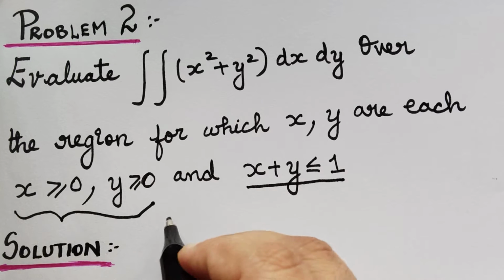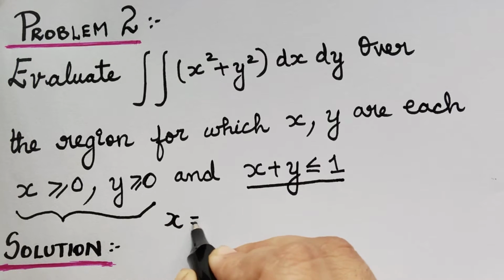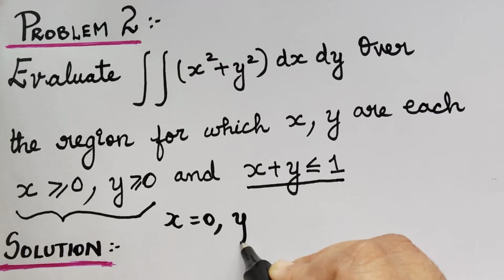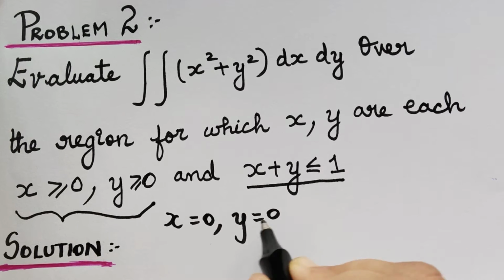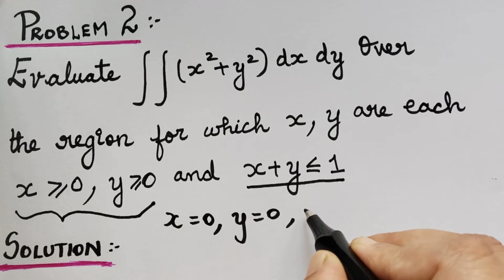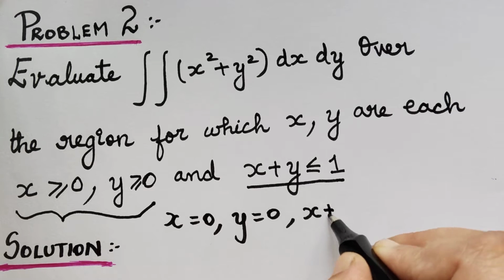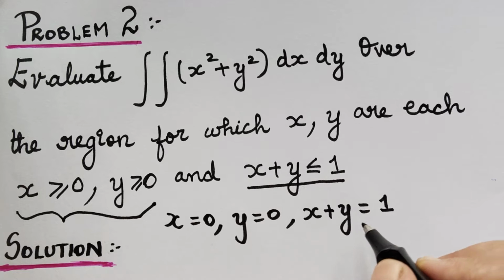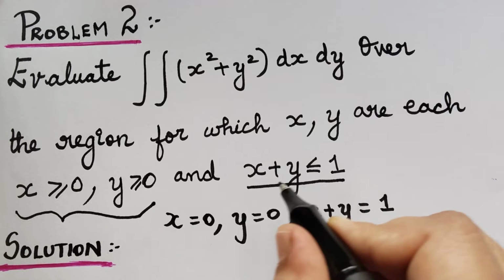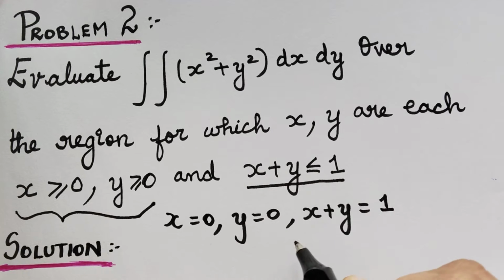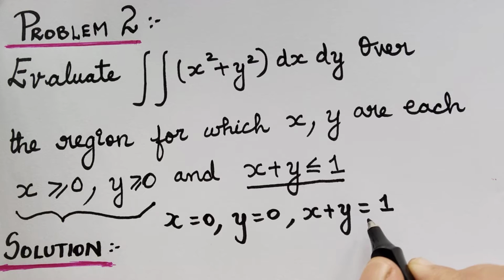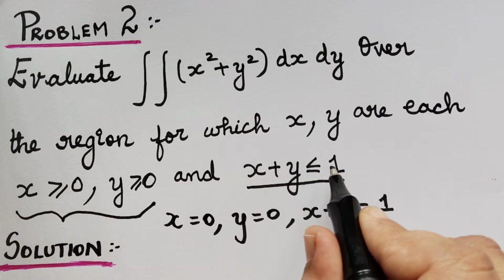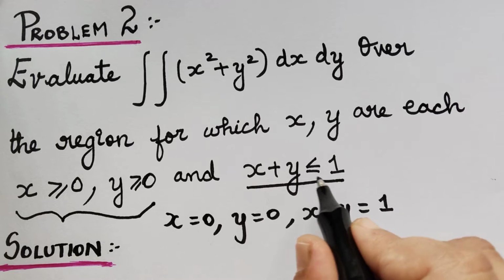That is, we are going to draw the lines x = 0 and y = 0, which will give us the x-axis and the y-axis. After that, let us draw the line x + y = 1 in the first quadrant. The region that we are concerned with will be the region below the line x + y = 1, because it is less than or equal to 1 over here.